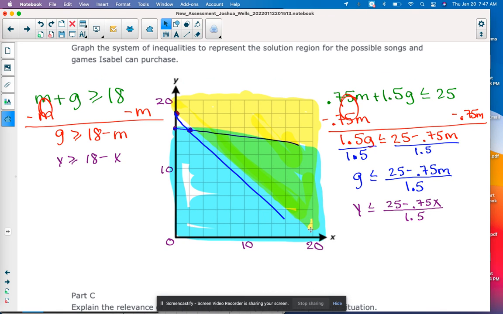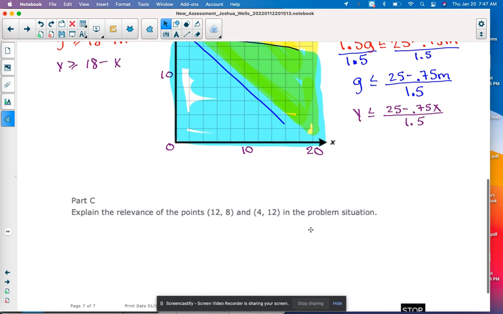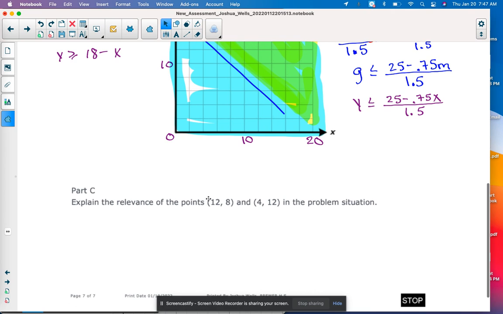So let's look at part C. Explain the relevance of points 12, 8, and 4, 12. So let's look at this. 12, 8 is about right here.